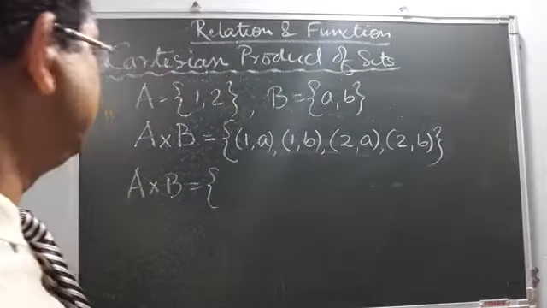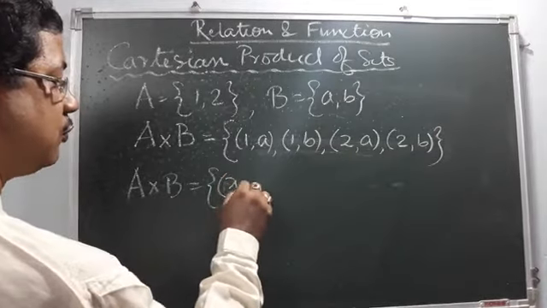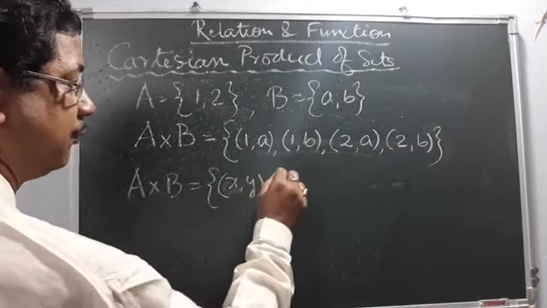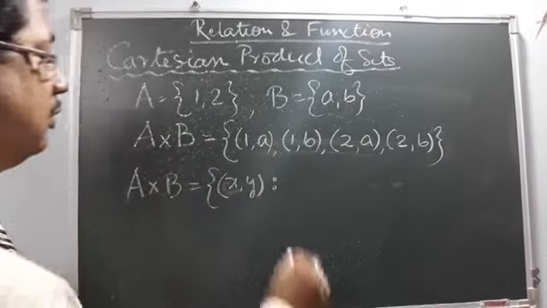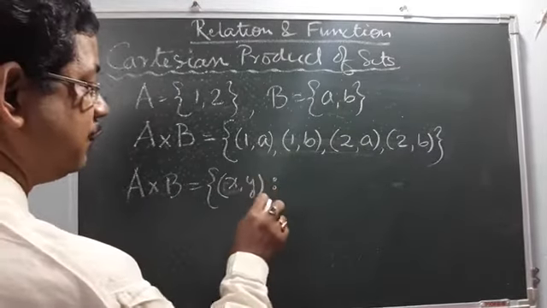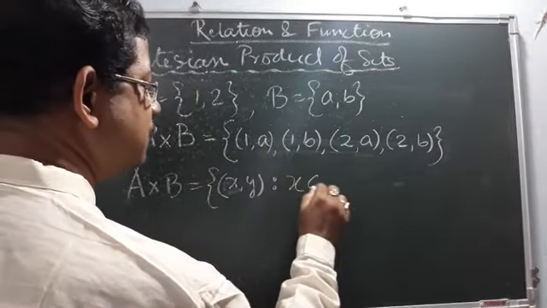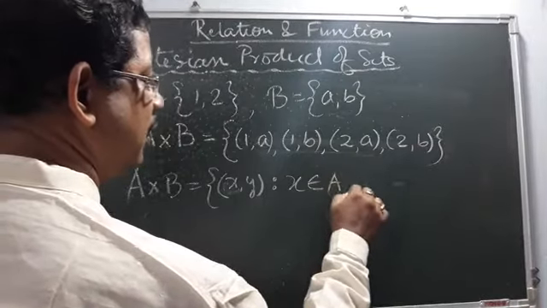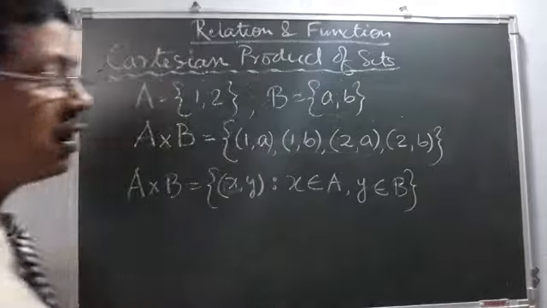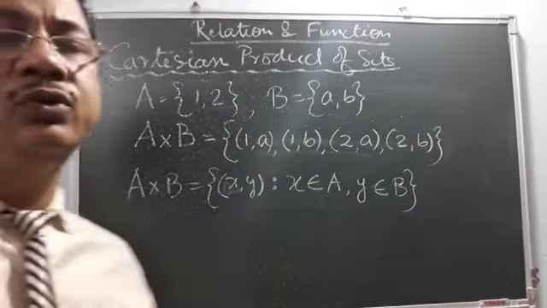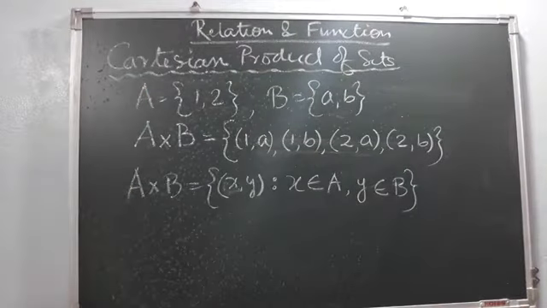But if we write in set builder form, suppose I have written A cross B as the set of pairs (x, y) such that x belongs to set A and y belongs to set B. So this is called the Cartesian product of these two sets. So this way we will do.